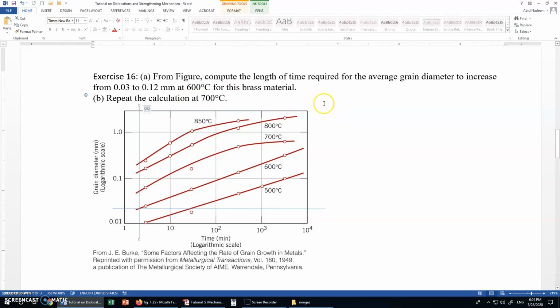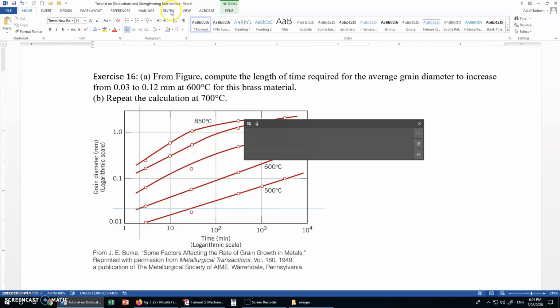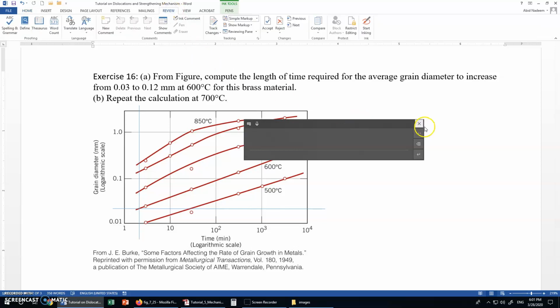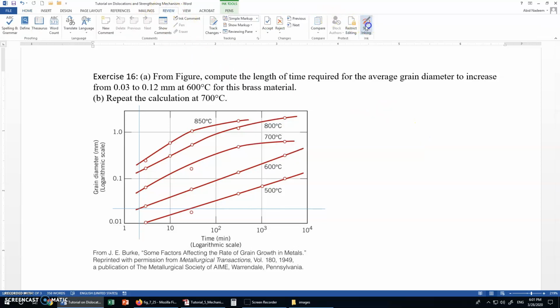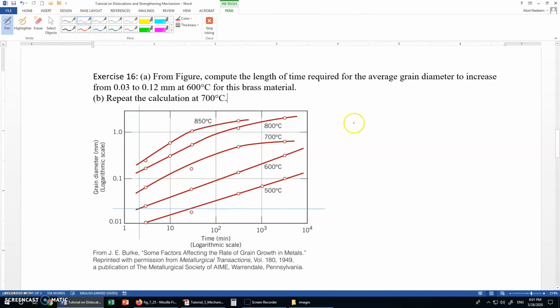So for part A I have time t1 and diameter d1.